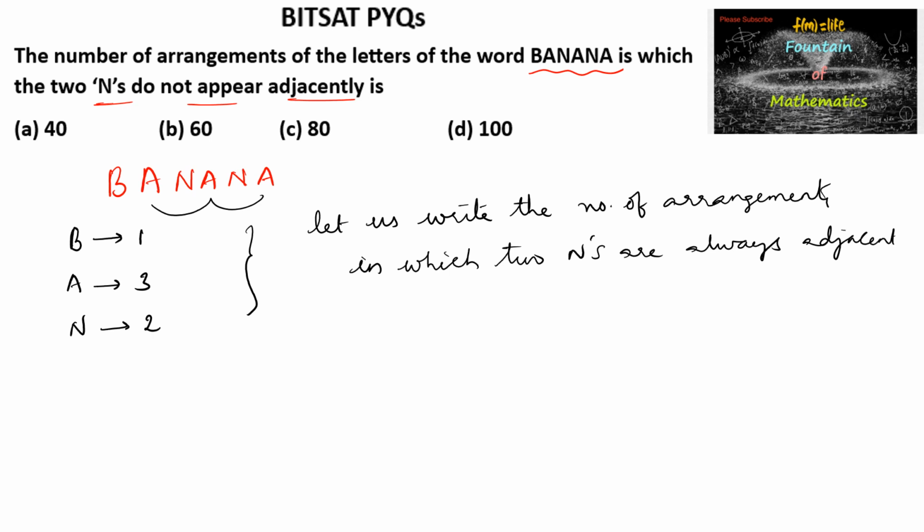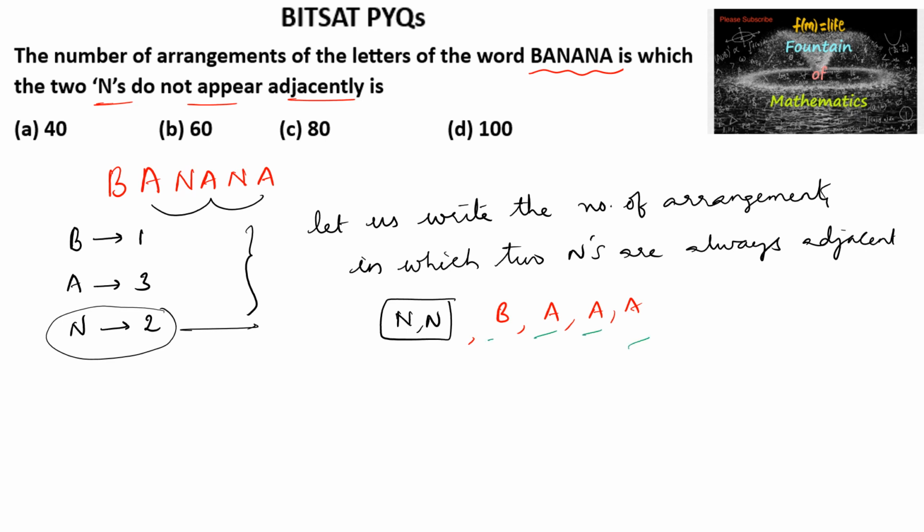So we need to consider these two N's as one unit. So we can write N and N as one unit and the remaining letters B, A, A, A. So we can say total 1, 2, 3, 4, 5. So 5 items are there.